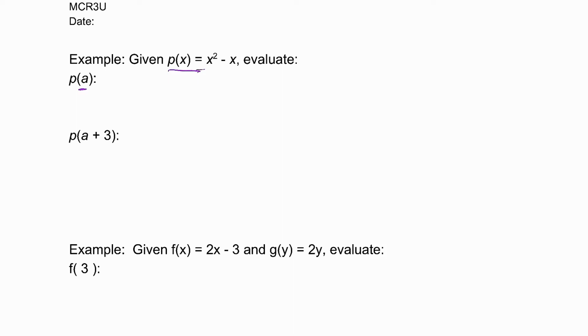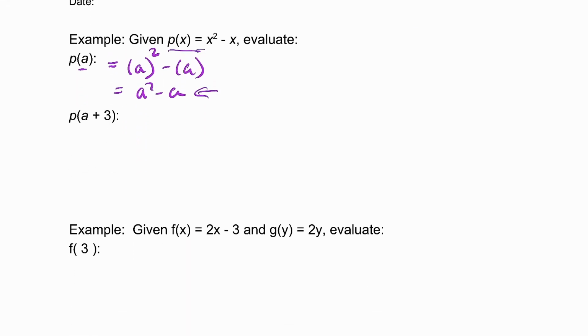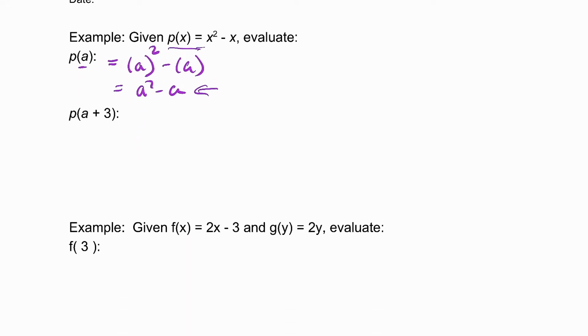Wherever there's x, we're just going to replace it with a. So here p of a is equal to, and again, I'm going to use brackets because we're replacing x with just a in this case, a squared minus a. And here we could just simplify this to be a squared minus a. You could jump to this first step. I mean, this one's really easy, replacing x with a. But I just want to show that first part because we really want to take care, remember that really we're replacing x with whatever's in our brackets.